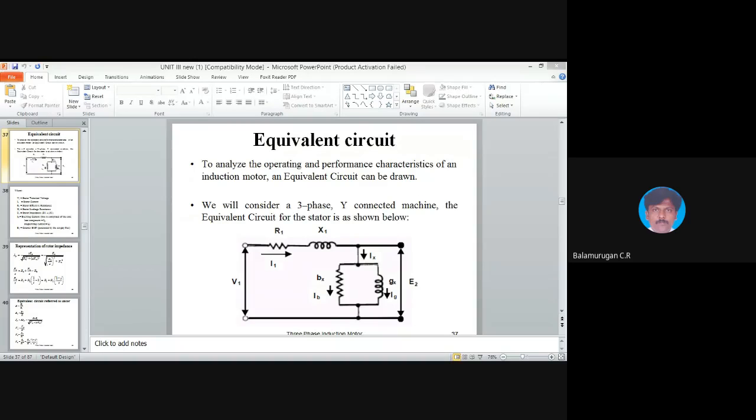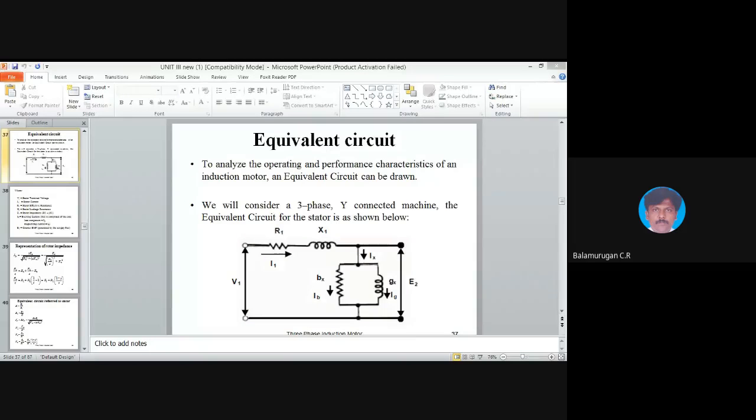So what is the rotor input? We'll have 3 I2 double dash squared R2 dash by S. Here the input current to the rotor will be I2 double dash. That is three phase, so we'll have 3 I squared R divided by S, where R2 dash by S gives the rotor input. Next, the rotor copper loss.